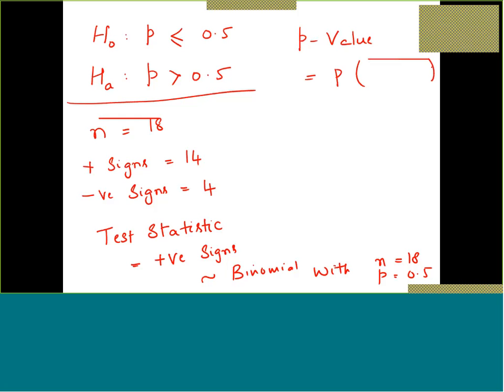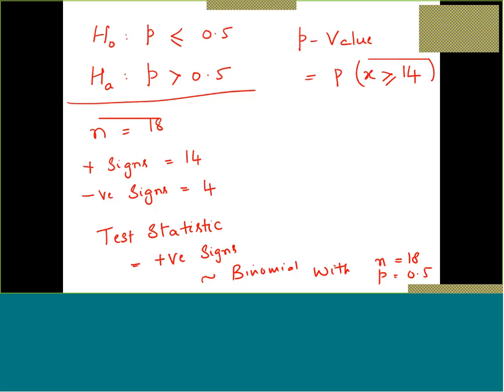So X, I'm talking about positive signs. So they are 14. So obviously when you talk about the error, it should be to the right tail. So X is greater than or equal to 14 because it is an upper tail test. You have to take X greater than or equal to 14.